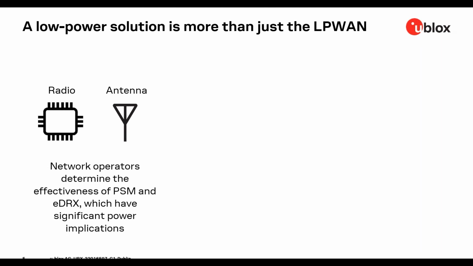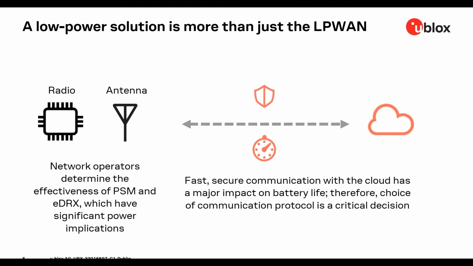Only the network operators themselves are determining the effectiveness of those features. So what emerges is, if you want fast, secure communication to the cloud, there's a major impact on the battery life, and the choice of protocol really becomes a key decision.